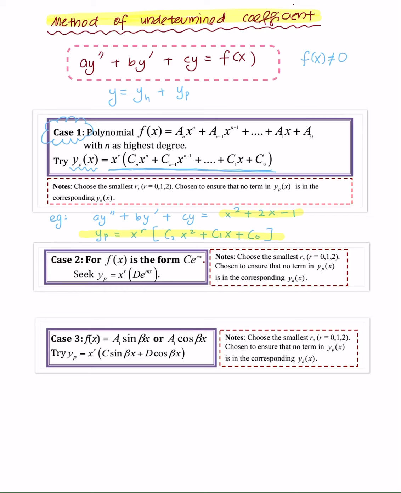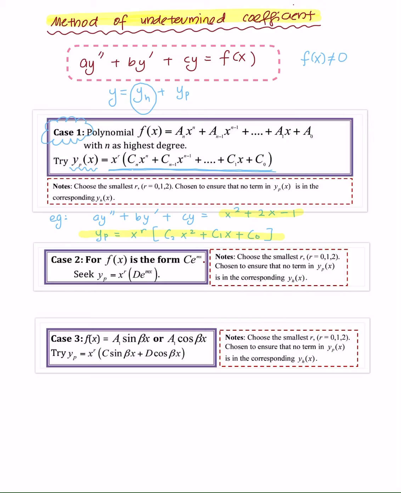It depends on yh. We will look at it in the example later on. If there is any similarity between yh and yp, then r needs to be increased.